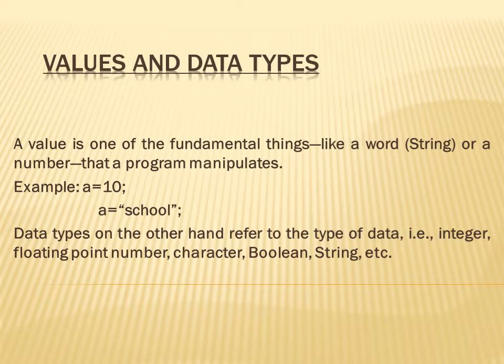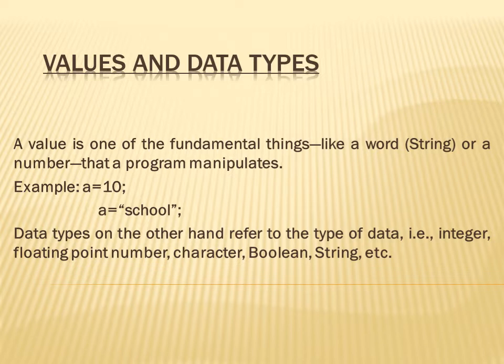If we are giving floating point numbers, that is numbers with a decimal value, then we have to write the data type as float. If we are giving a character value, then we have to assign the data type as character. If it is a boolean, then we define the data type as boolean. And if the given value is a string, then we write the data type as string.